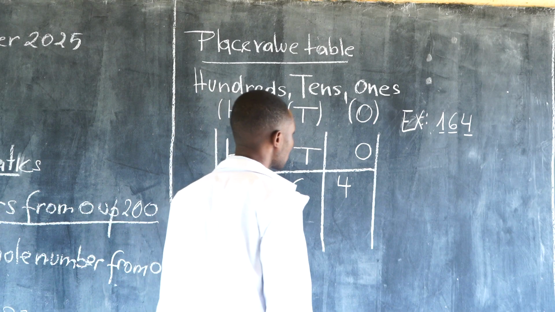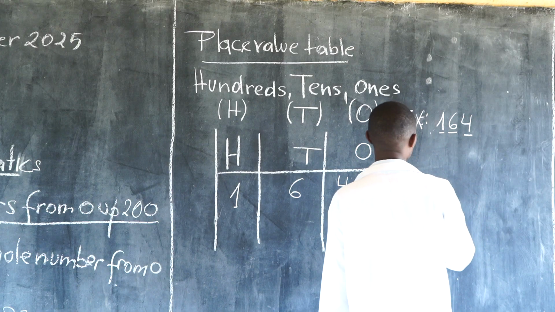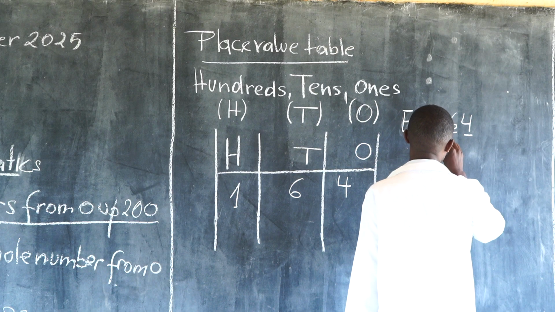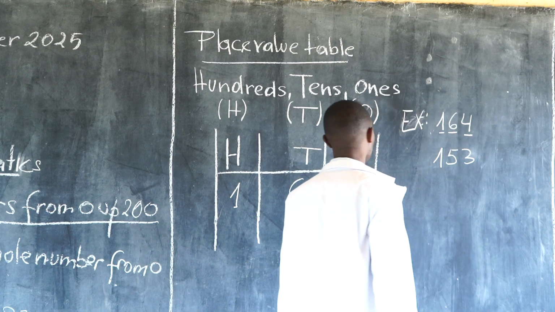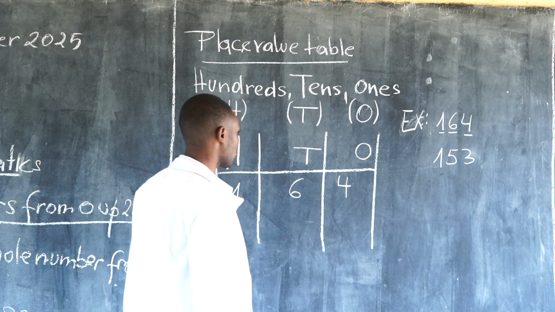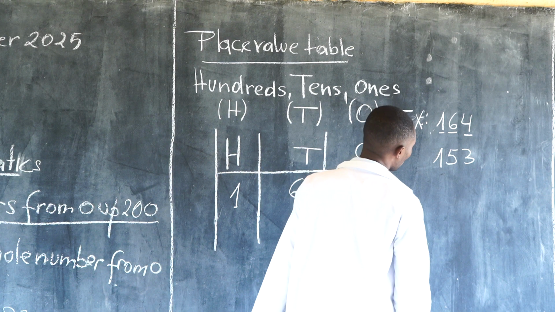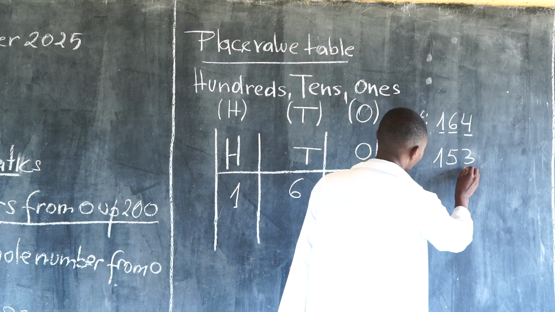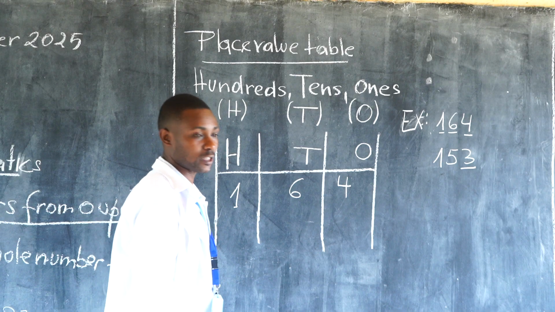Now let us see another example. For example, we take this 153. Now in this number, the digit which represents ones is 3. Now we are going to start with the 3.